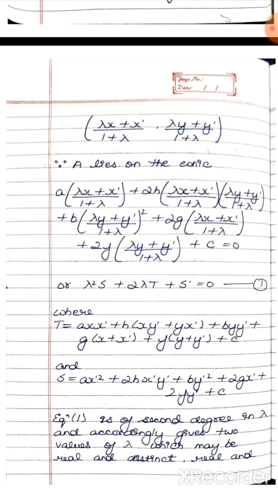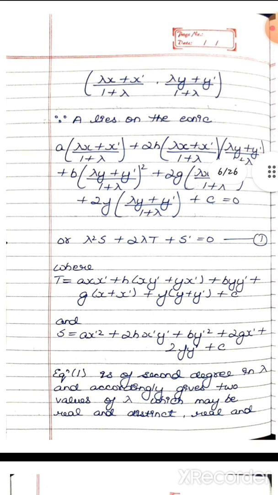Since A lies on the conic, we replace the values of x and y in the equation of the conic and we get λ²S + 2λt + S' = 0, where we get the value of t as this, and S' becomes ax'² + 2hx'y' + by'² + 2gx' + 2fy' + c.